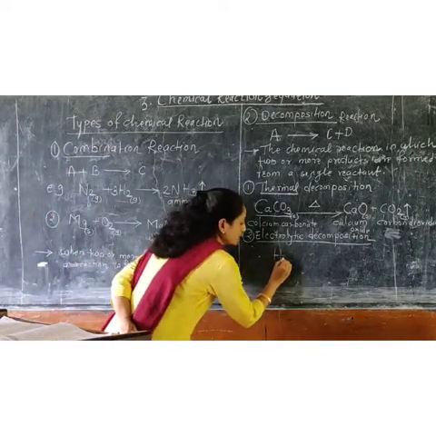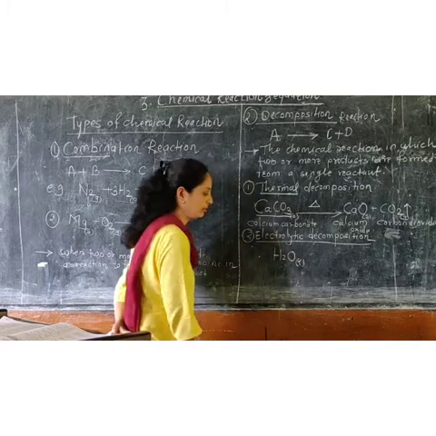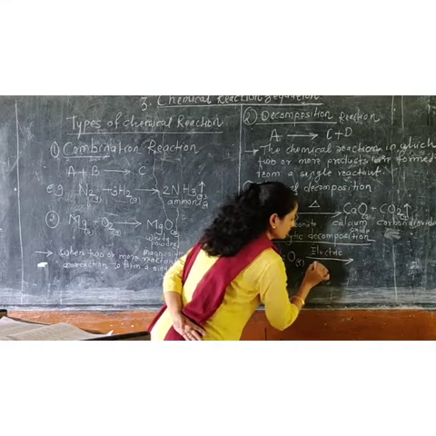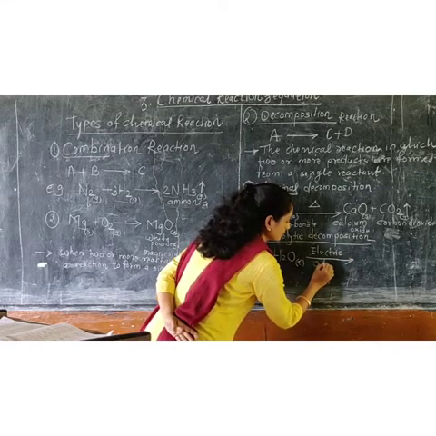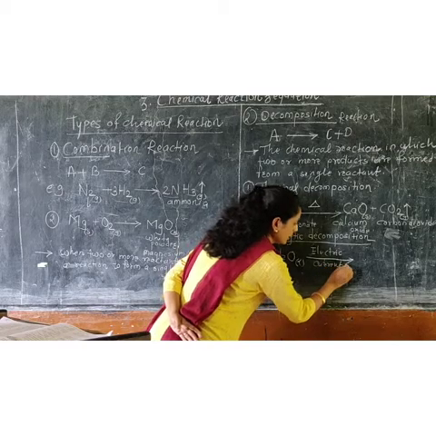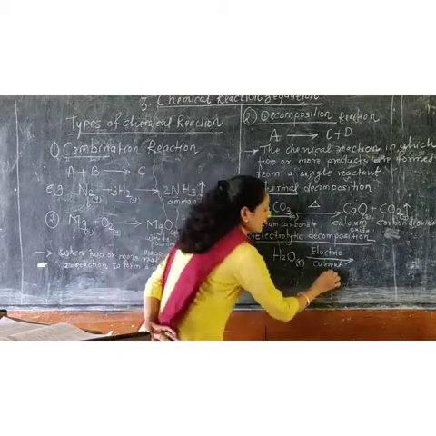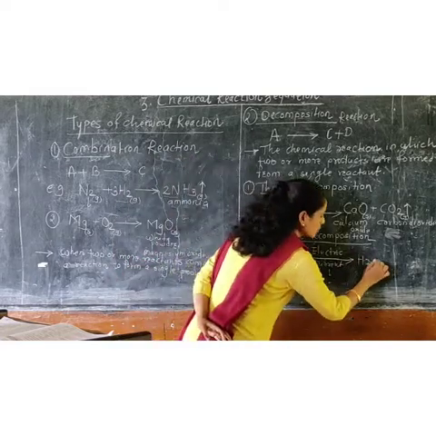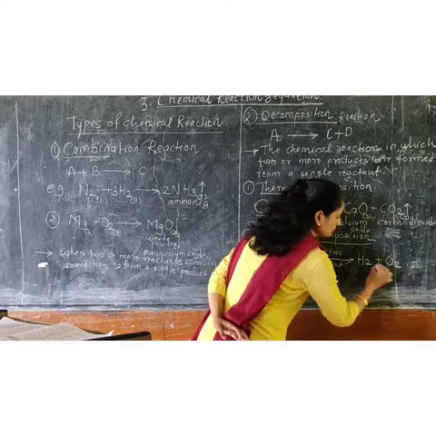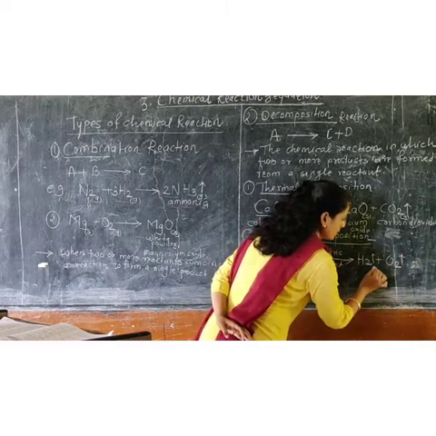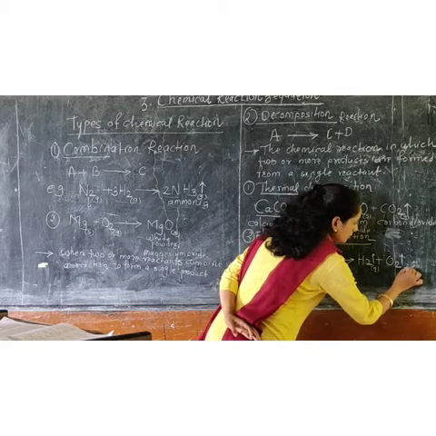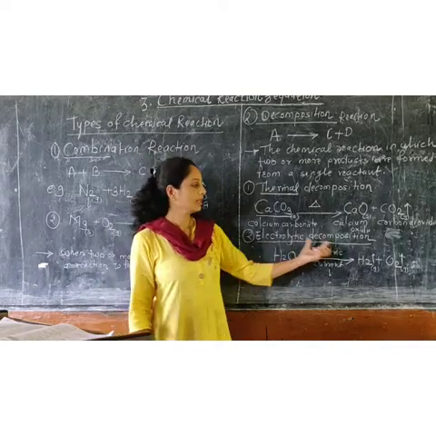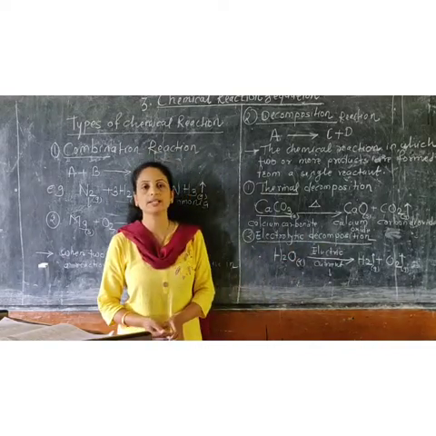Suppose H2O, which is in liquid form, when an electric current is passed through it, gets electrolyzed to form H2 and O2. These are gaseous: H2 gas, O2 gas, while H2O is a liquid. That is the electrolytic decomposition of water.